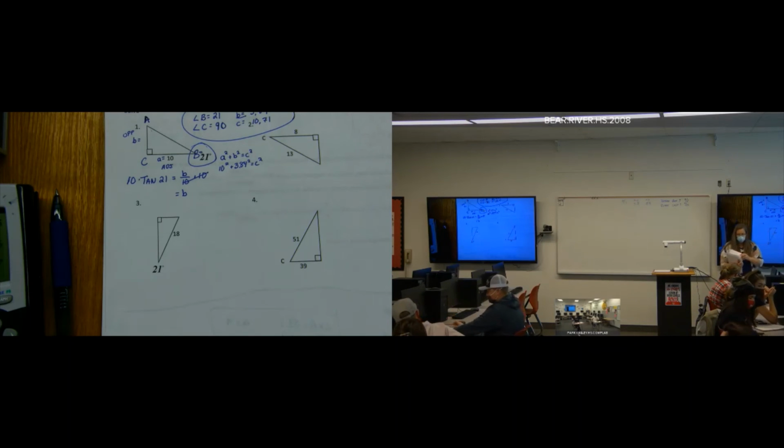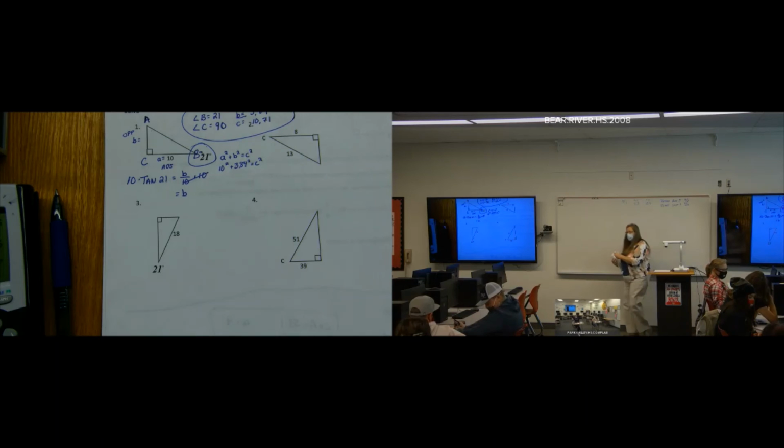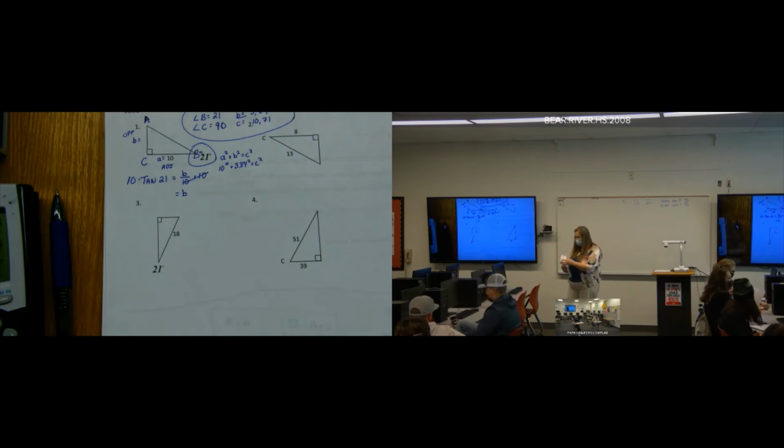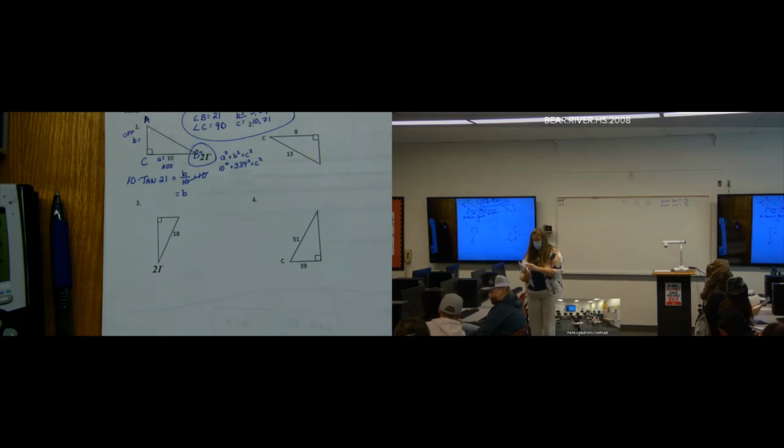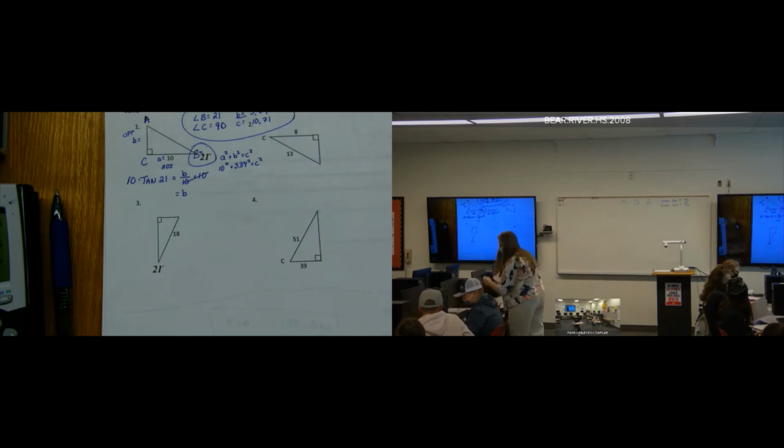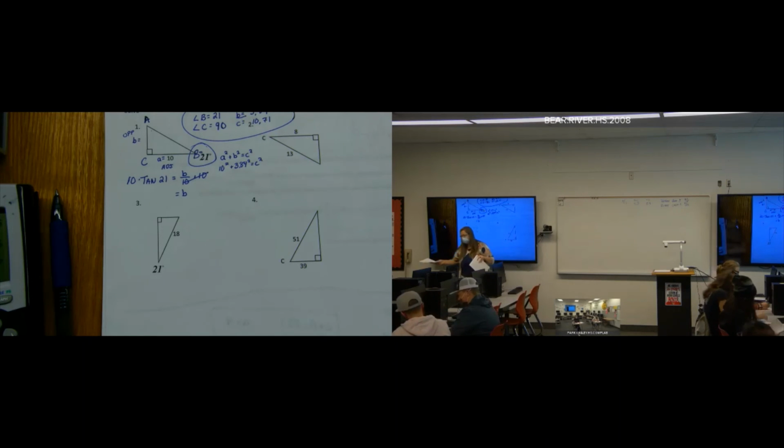Three, 4, 5, 6. 1, 2, 3, 4, 5. How many legworks can I have?